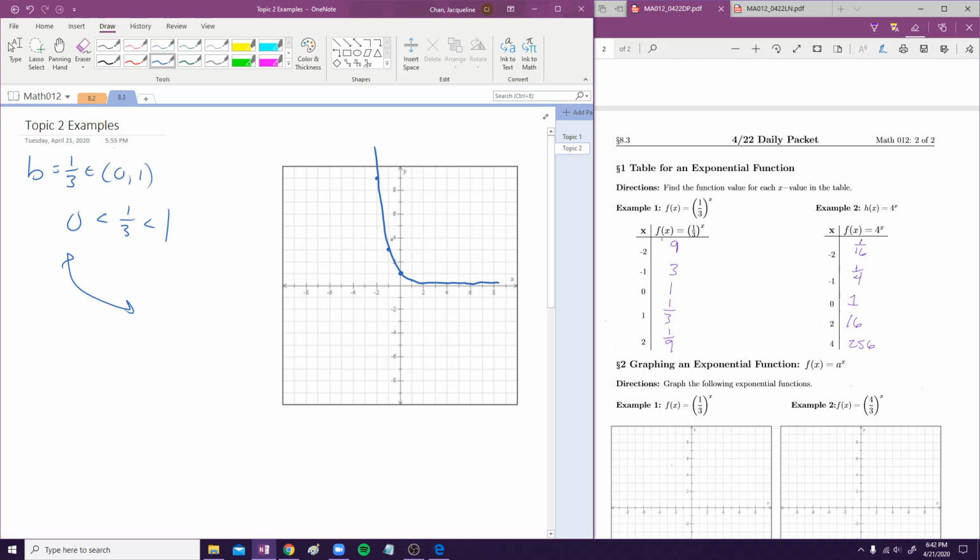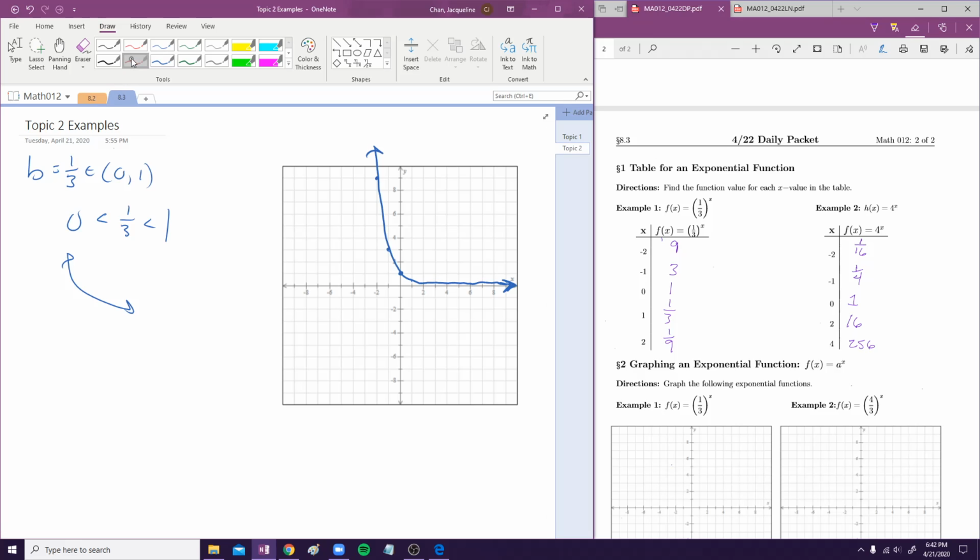Yeah, a lot better. All right, and then make sure when we graph that it never touches the x-axis. Just try your best to make it not look like it touches. And then don't forget your arrows because they go on infinitely long. So this is the graph of f of x equals 1/3 to the x power.